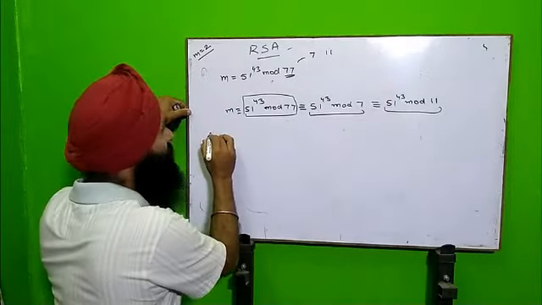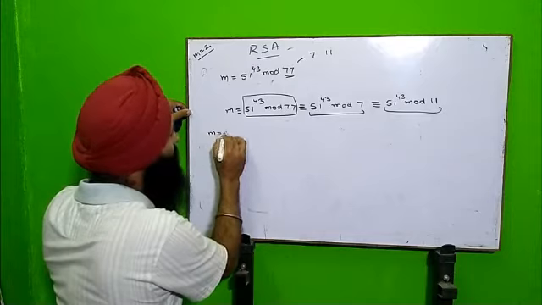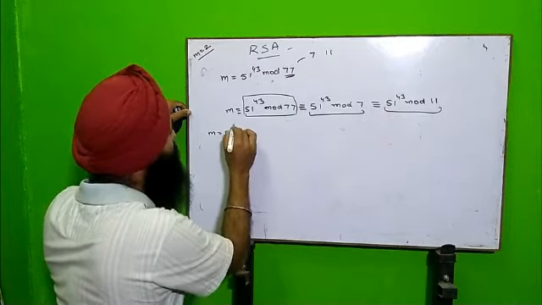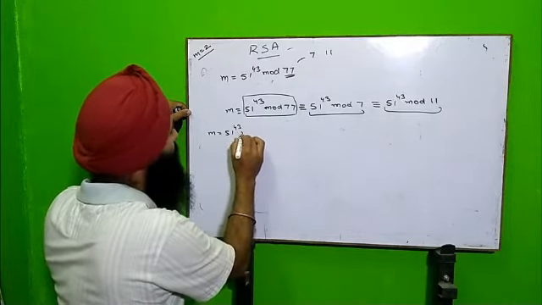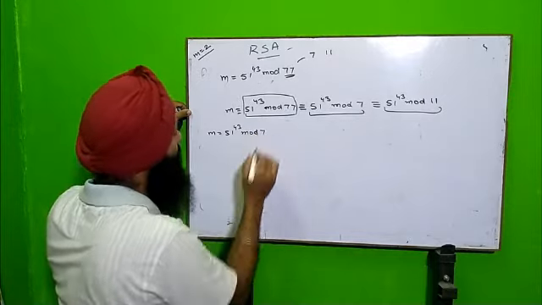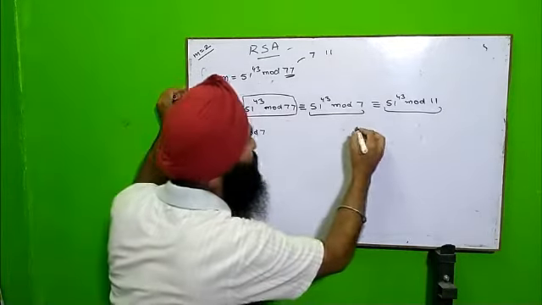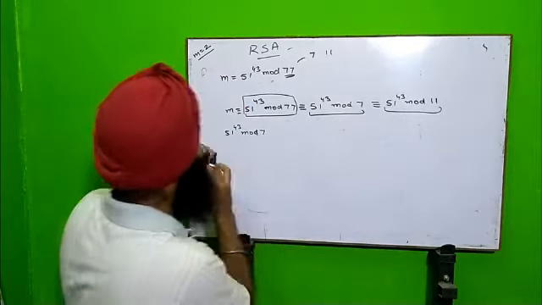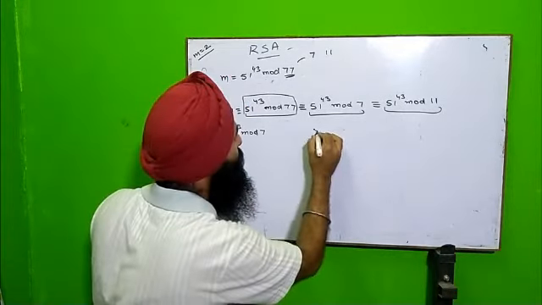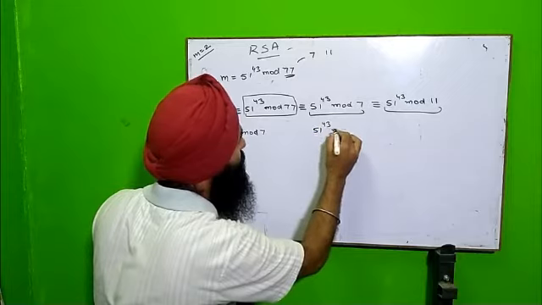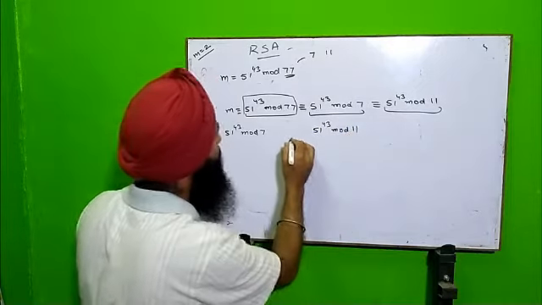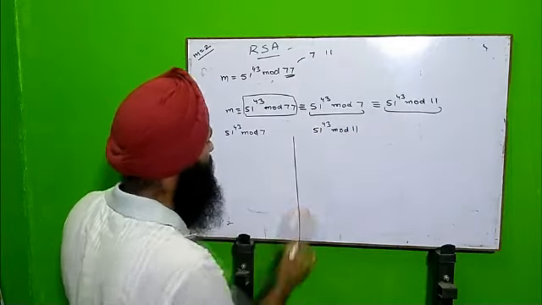Okay, m is equal to 51 raised to power 43 mod 7. So let's solve this. And m is also equivalent to 51 raised to power 43 mod 11. So we have these equations.